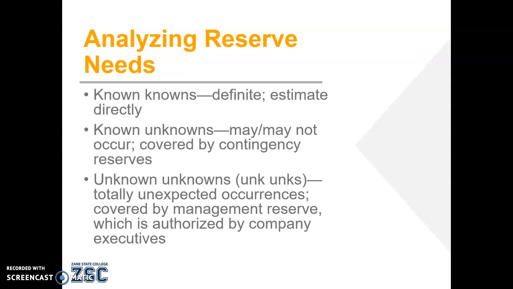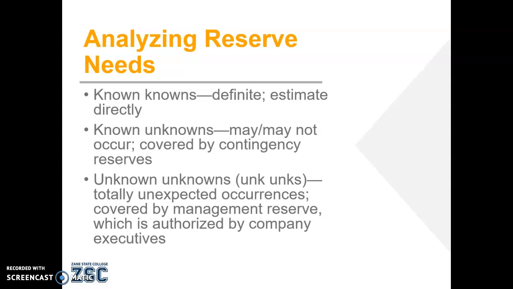Known knowns. So these are things that we're very familiar with. We've seen them before. We know they're likely to occur again, and we know how to plan for them. So these are the least risky, the known knowns. And we have known unknowns.